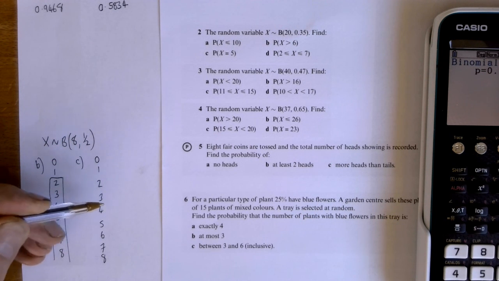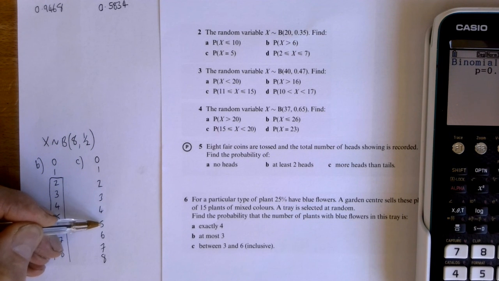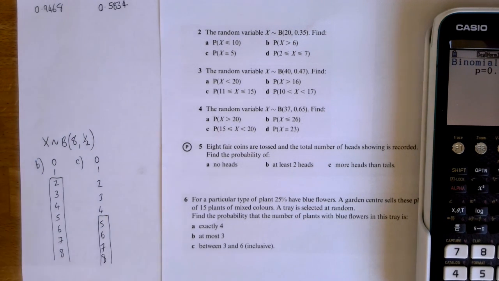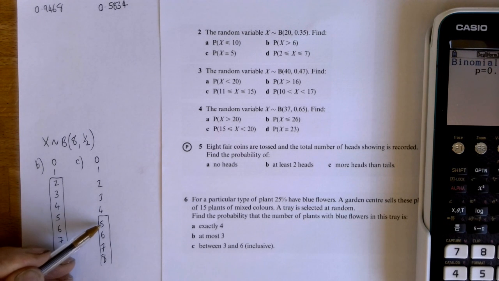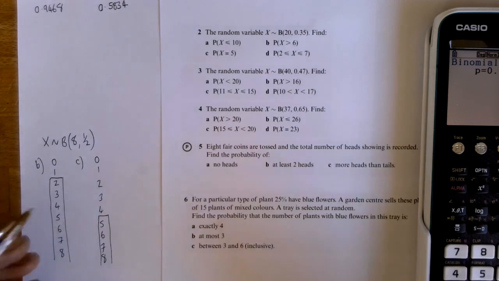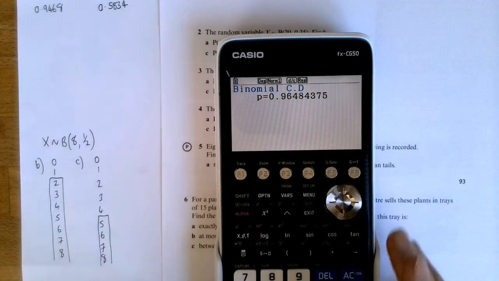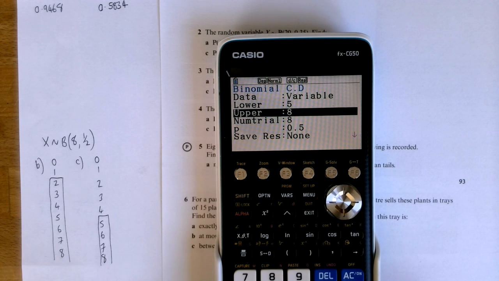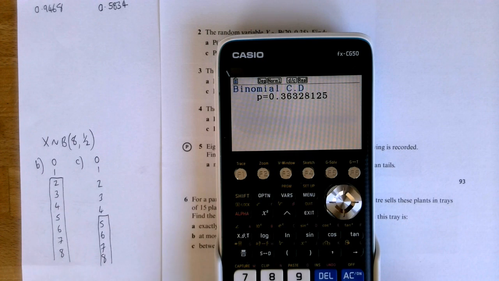So it must mean 5, 6, 7 or 8 heads, mustn't it? That's what they're talking about, more heads than tails. 5 heads would mean 3 tails, 6 heads would mean 2 tails. So I'm going to put for that question a lower of 5 and an upper of 8. And that will give me my probability for that one.